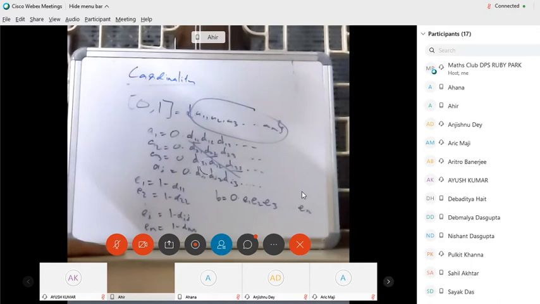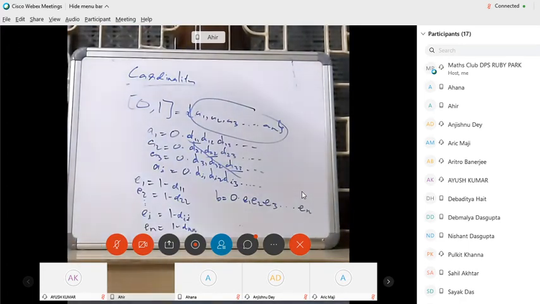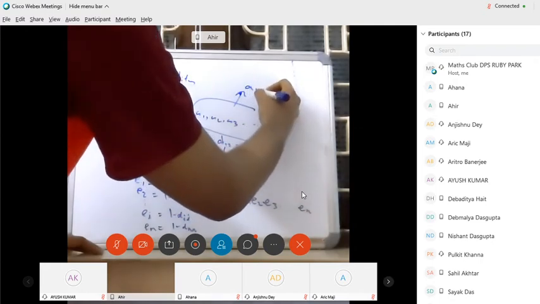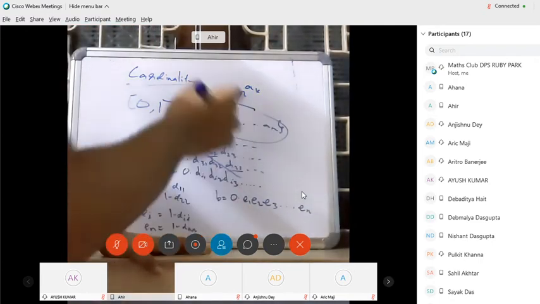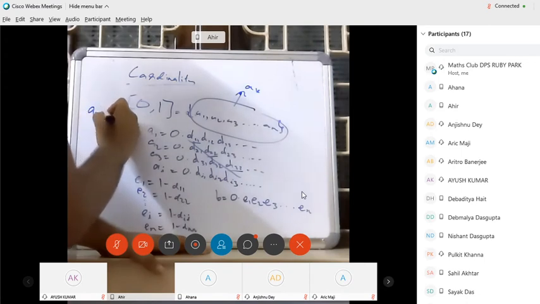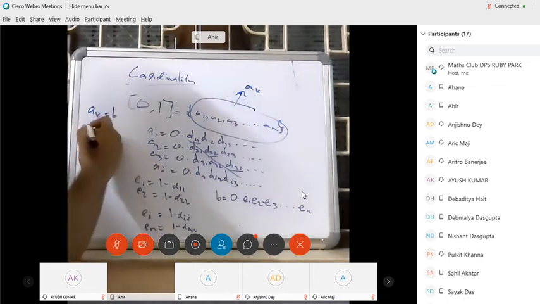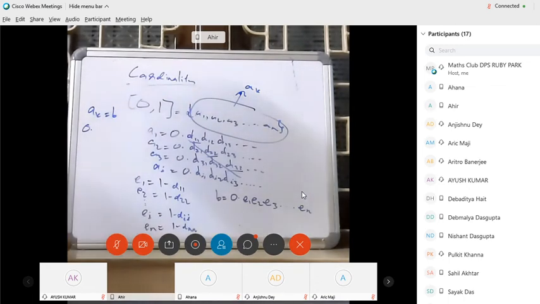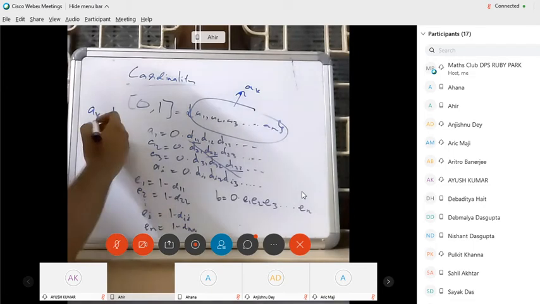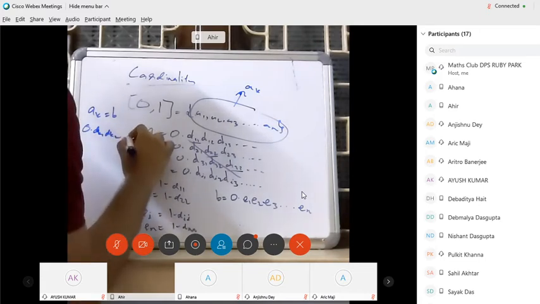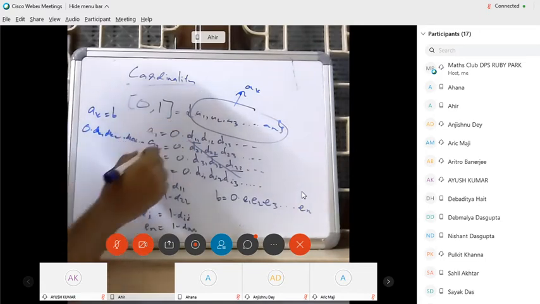Let's assume that there is a number in this set which is equal to B. Let this number be AK. So we are claiming that AK is equal to B. Now what is the kth digit of AK from the left? We have 0.DK1, DK2 up to DKK and so on.